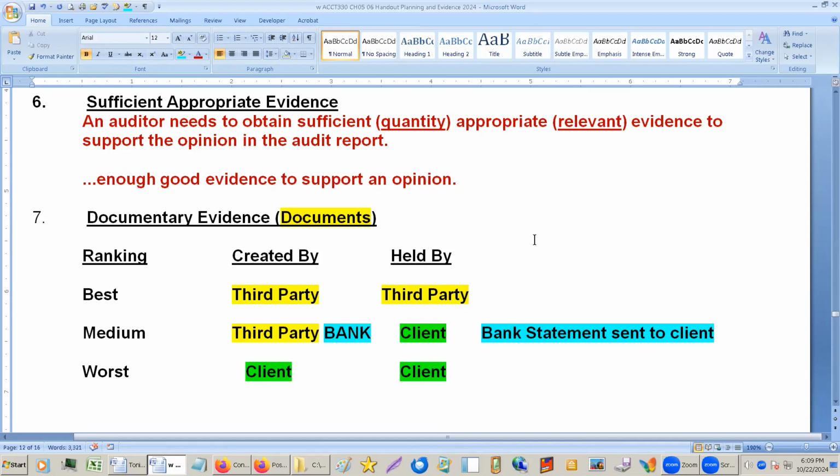Now, one of the things we always try to do is move evidence up, make it better. So there's a bank statement that the client has. It's medium evidence. It's not bad evidence. It's made by a third party. The client is holding it though, so the client has access to it. We're going to move it up.